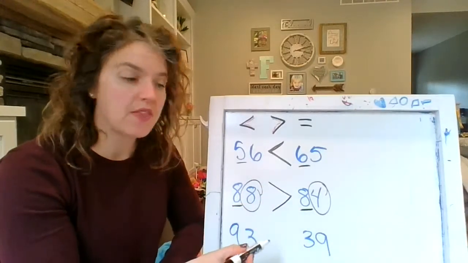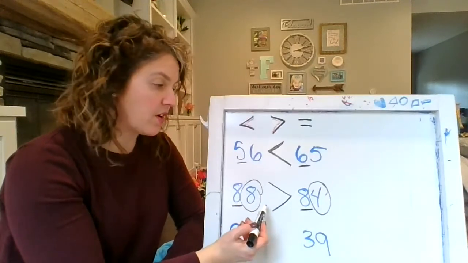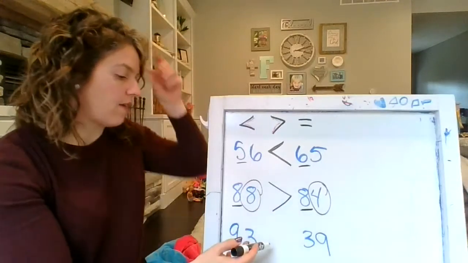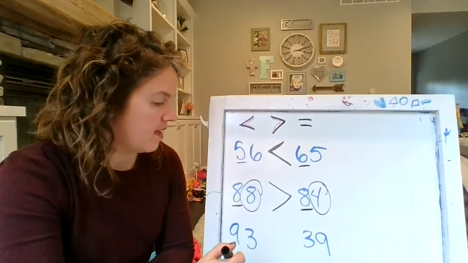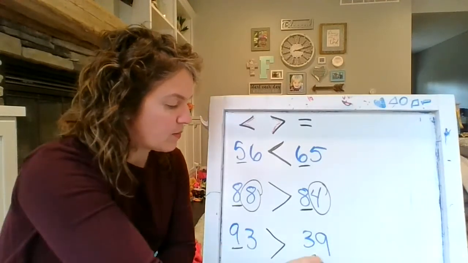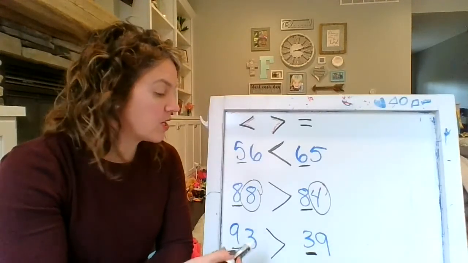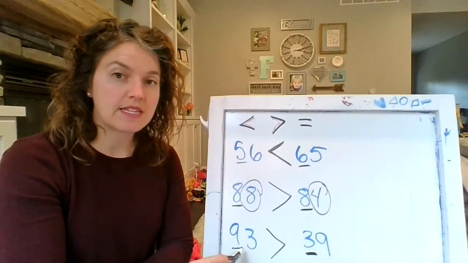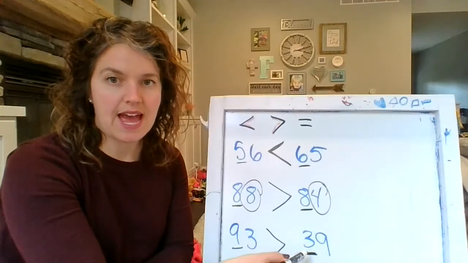So let's say it together. 88 is greater than 84. All right, 93 and 39. 93, if we look at our groups of 10, 9 is bigger than 3, so how would we say it? 93 is greater than 39.